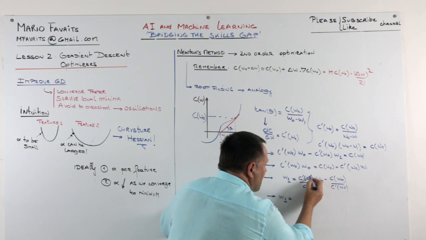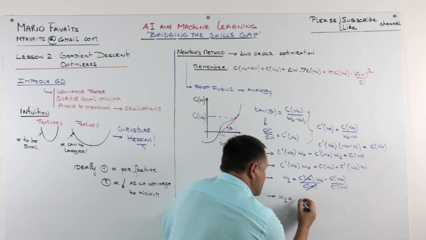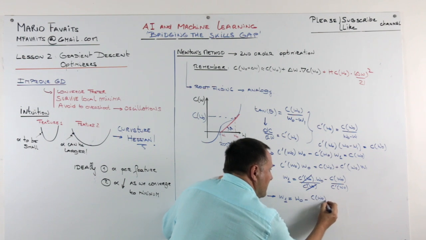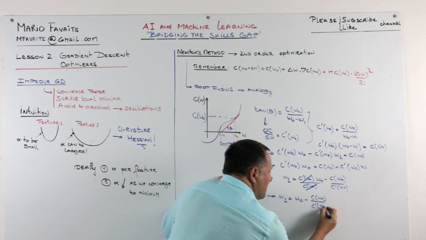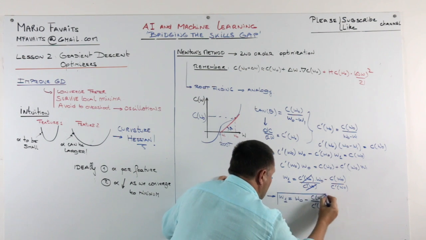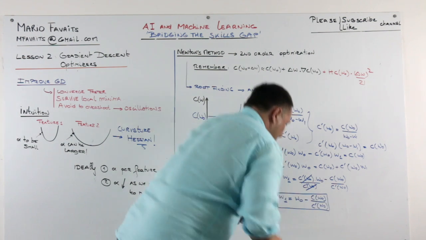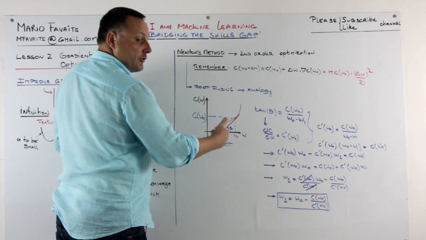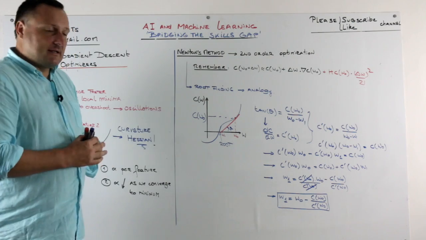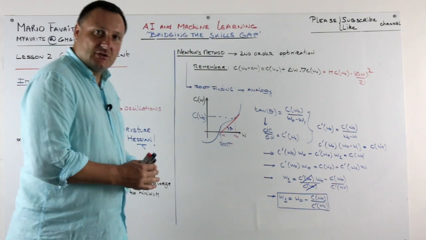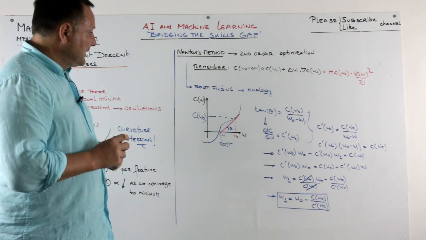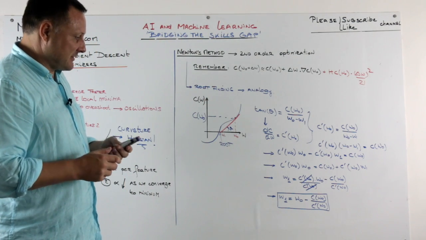So these two cancel each other, and W1 is W0 minus C in W0 divided by C prime in W0. Yeah, that's going to be your next iteration, W1, and you continue. We will not go to the end and find the root. We will just use this equation to deliver an analogy in terms of second order optimization.